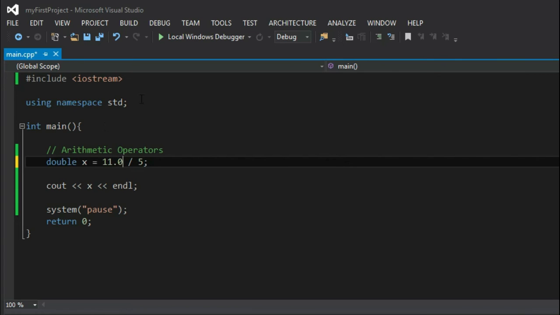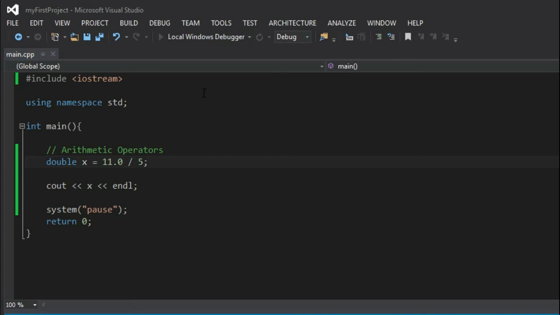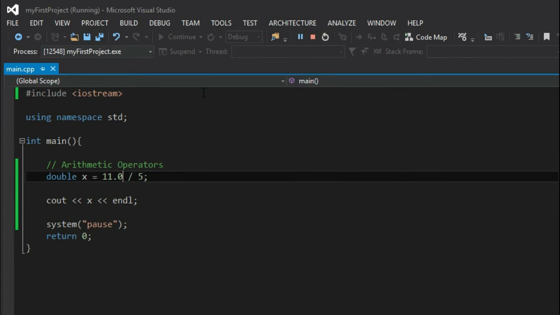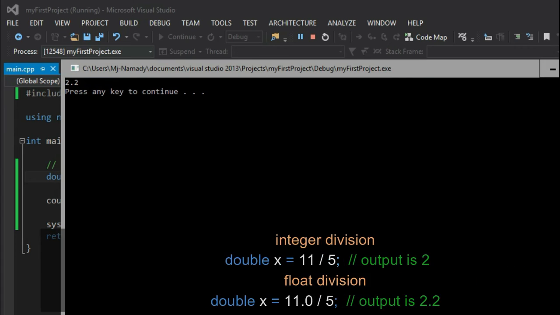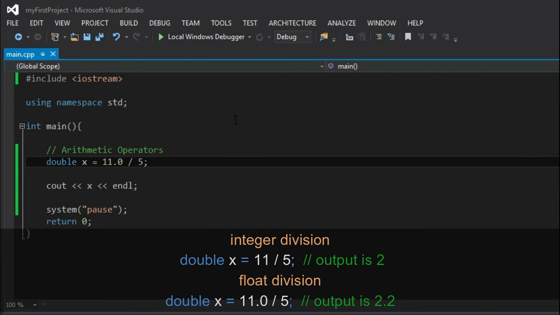Now, if I run this program, we're going to have our 2.2, meaning our floating point value, because one of the operands is a floating point value. Because when you multiply or divide a floating point number with an integer, you're going to end up with a floating point number as your answer. So that's basically what an integer and a float division is.